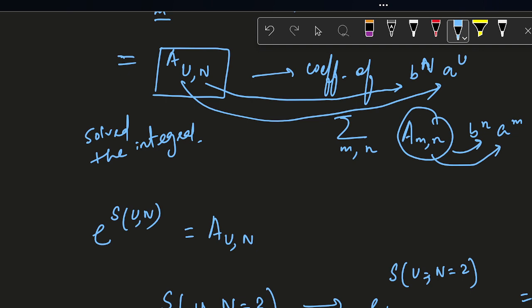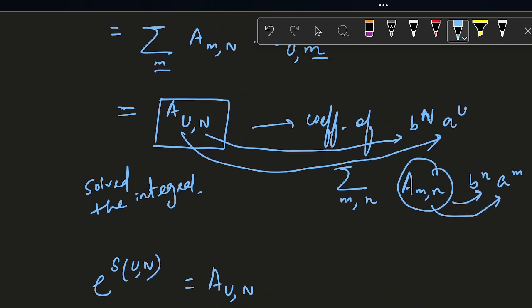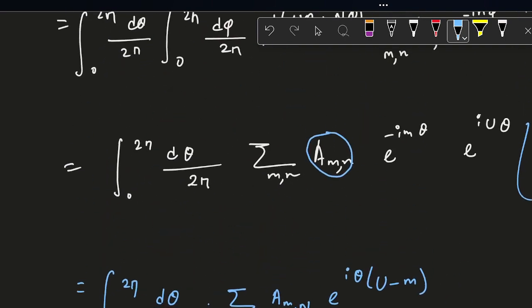That means you have to get the coefficient of b to the power of n, so b squared, all the coefficients of b squared, because the value of a is not specified. It can be any value of u, so it is a to the power u. The u value can be varied, but b squared has been fixed. So you have to see the coefficients of b squared.